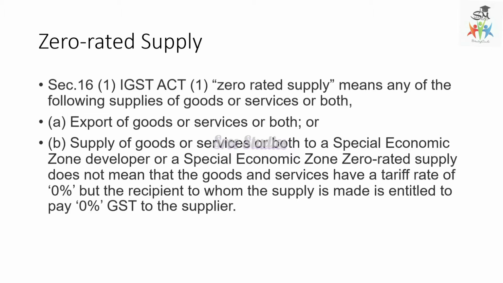It does not mean that the goods and services have a tariff rate of 0%, but that the recipient to whom the supply is made is entitled to pay 0% GST to the supplier. That is what zero rated supply actually is.